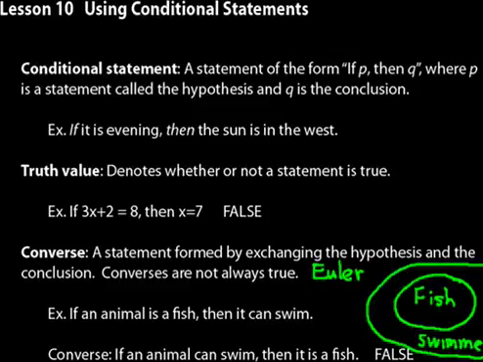So we have fish, which are in the group of swimmers. We can have seals. Seals swim, so we could put them in there, but they're separate from fish. That diagram helps us see that the converse would be false. If an animal can swim or is a swimmer, then it's not necessarily a fish. But if an animal is a fish, then it belongs to that group of animals called swimmers.